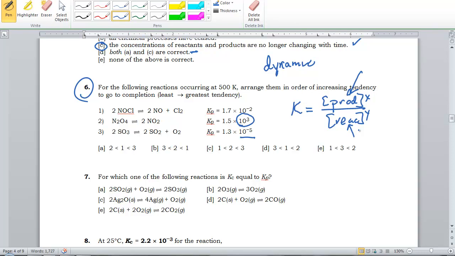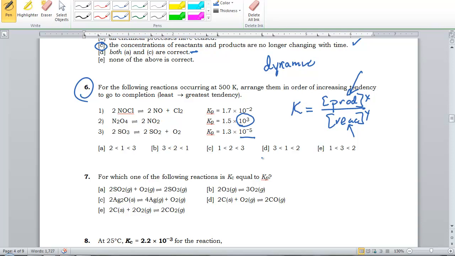So we're looking to rank these by increasing tendency to go to completion, which means go from reactants to products. So the largest K will go more toward products. The smallest K will stay mostly at reactants, not go very much to products.